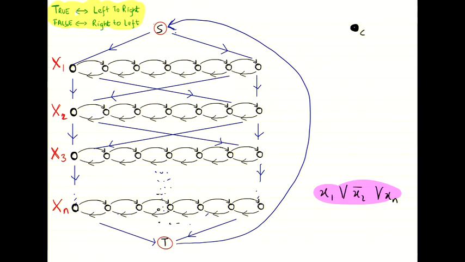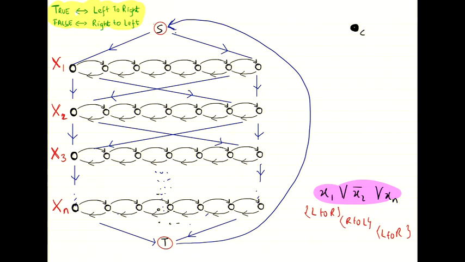Let me call it C. Now I'm going to start connecting things. Basically what I want is x1 to be left to right, or x2 to be right to left, or xn to be left to right. That's what I want to force. I want to force one of these three to be true. That's our intended meaning. So I'll just do that.